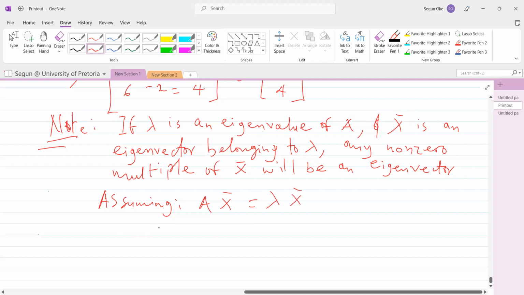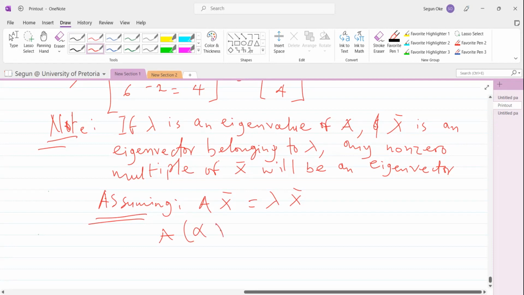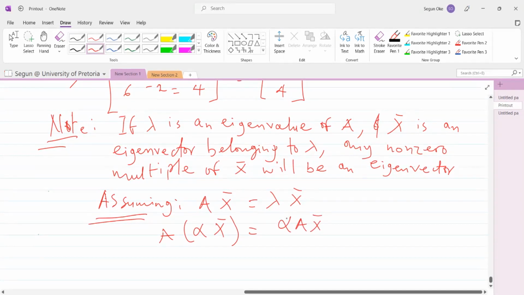So it simply means that if I introduce A multiplied by alpha x bar, it is the same thing as alpha A x bar, which is the same thing as alpha lambda x bar.